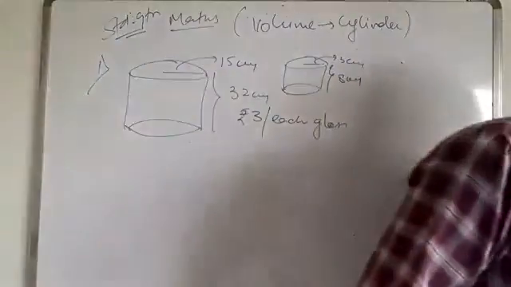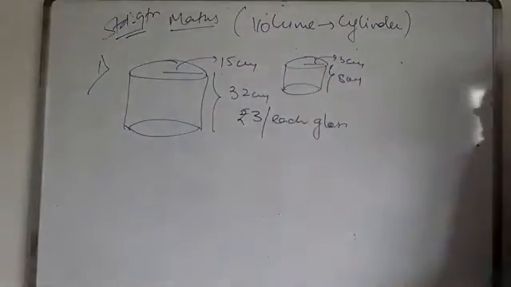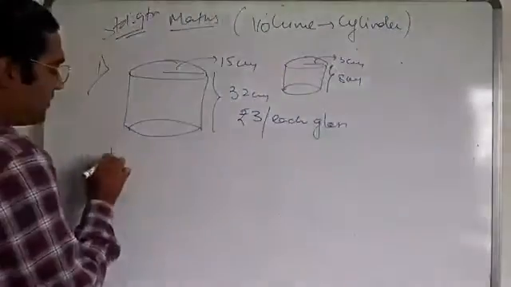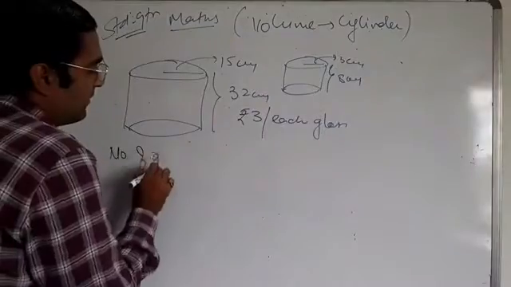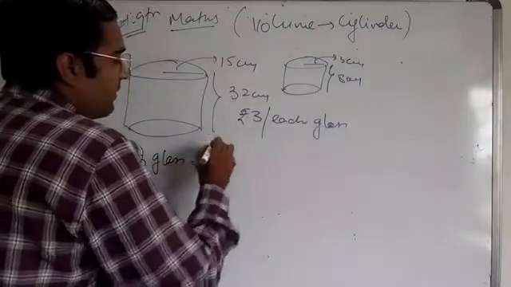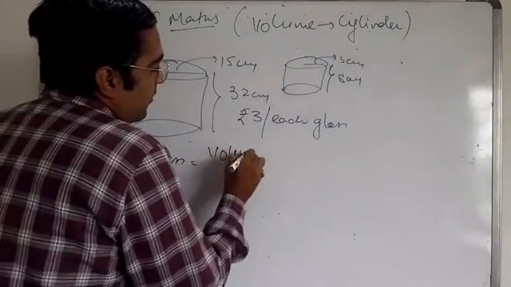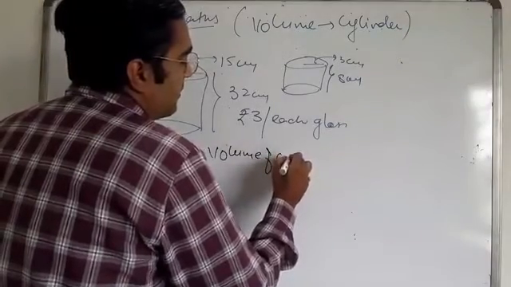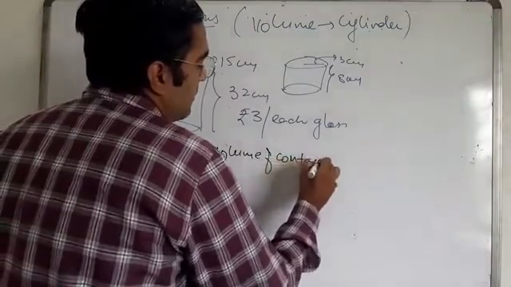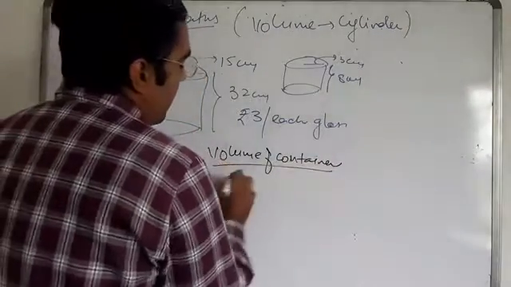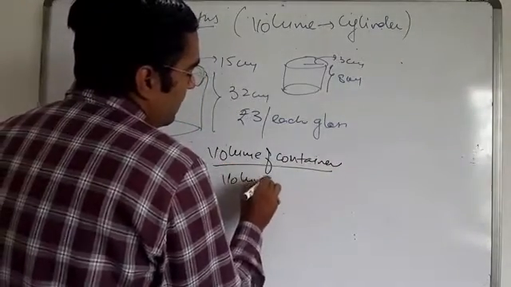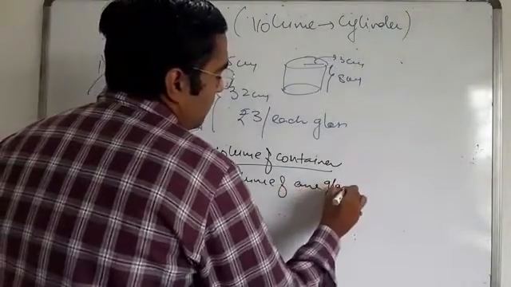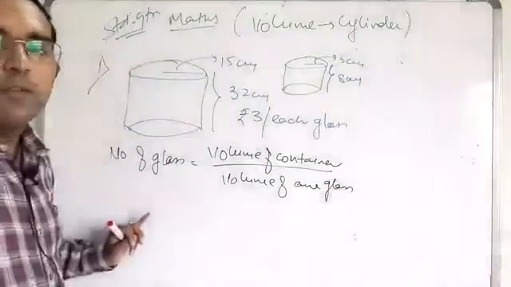So my formula is: number of glasses is equal to volume of container divided by volume of one glass.